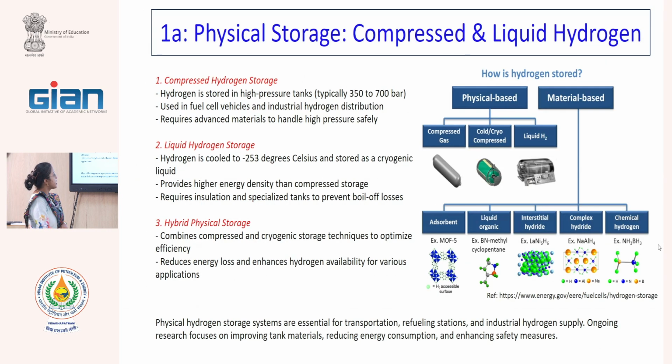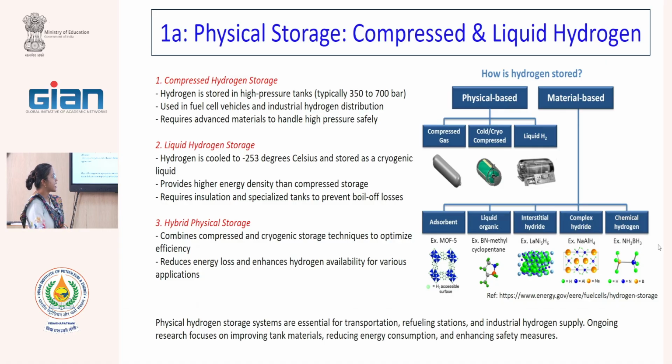Now, that was about the chemical reaction storage. In the physical storage, you can compress it to a very high pressure and a very low temperature, or you can have it with the cryogenic storage option. So, we have given here a few options of this storage system, the physical based storage.